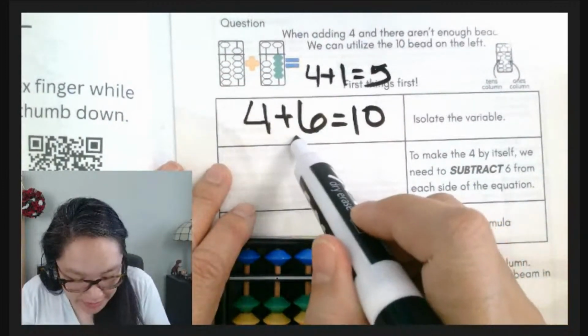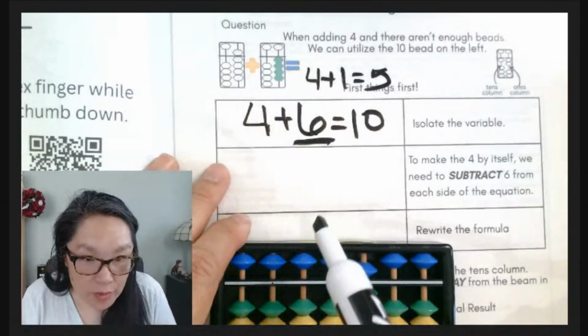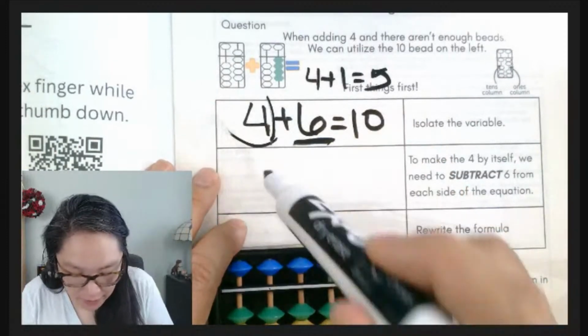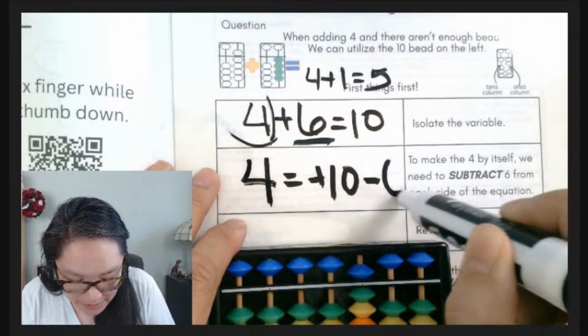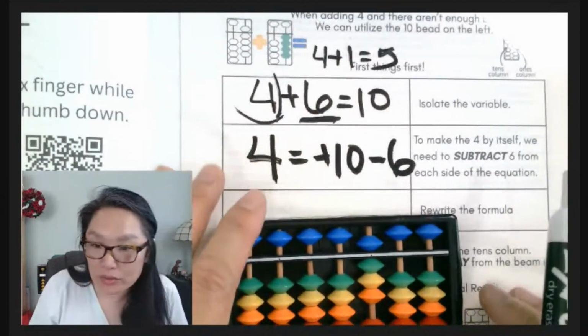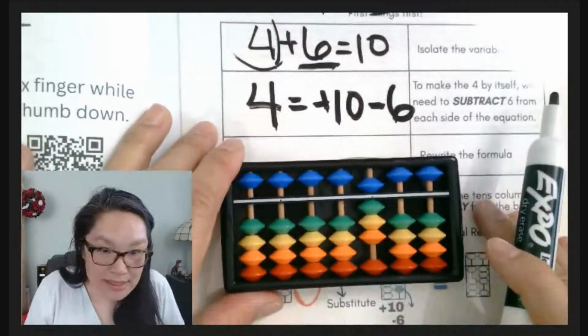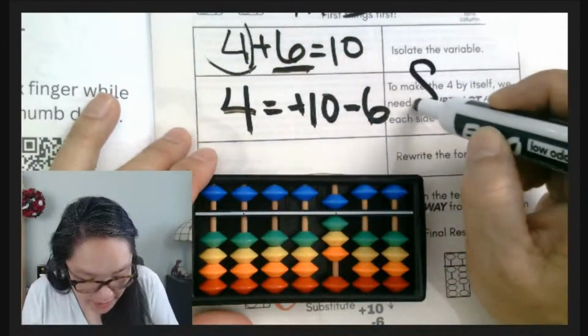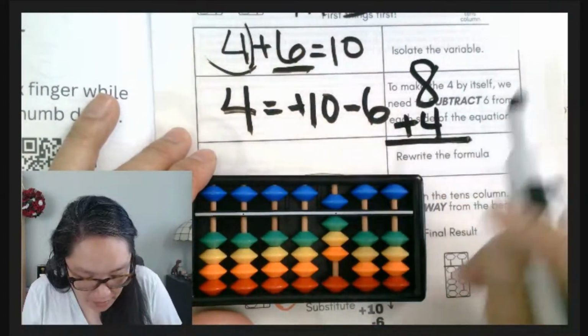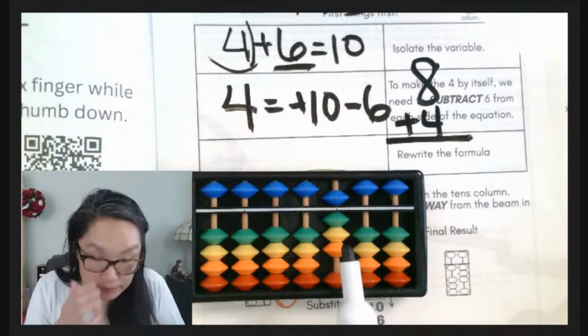What's going to happen is, again, we're going to isolate our variable. We're going to make our 4 by itself. So we have 4 is equal to plus 10 minus 6. This is the formula that we need to do. We need to subtract 6 because we're adding the 10. Why? The question is 8 plus 4. I want to add 4 to this.